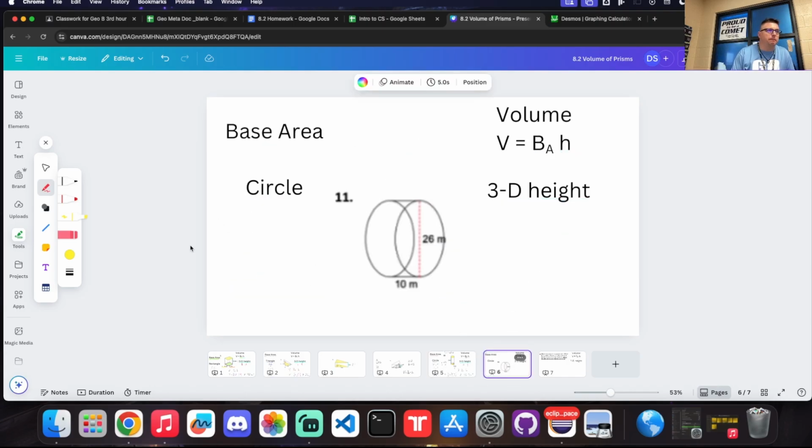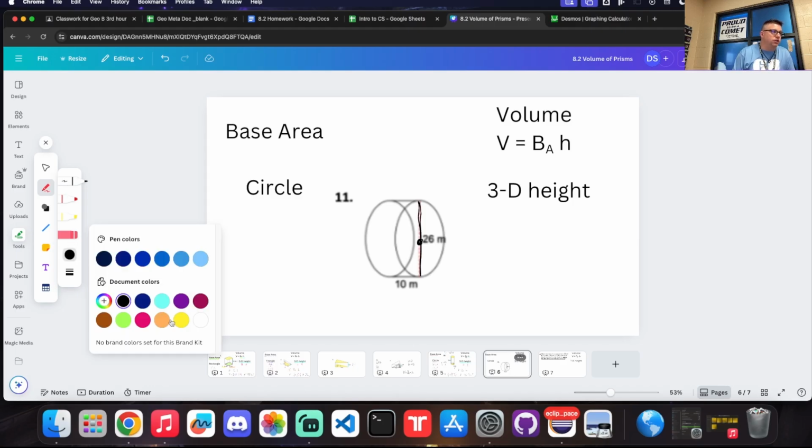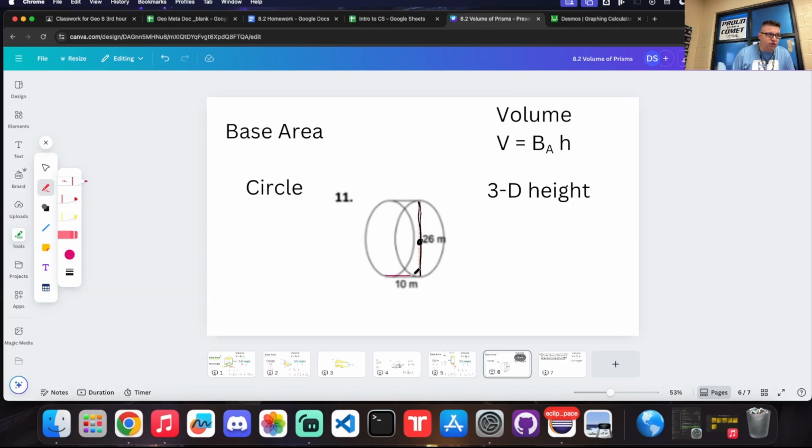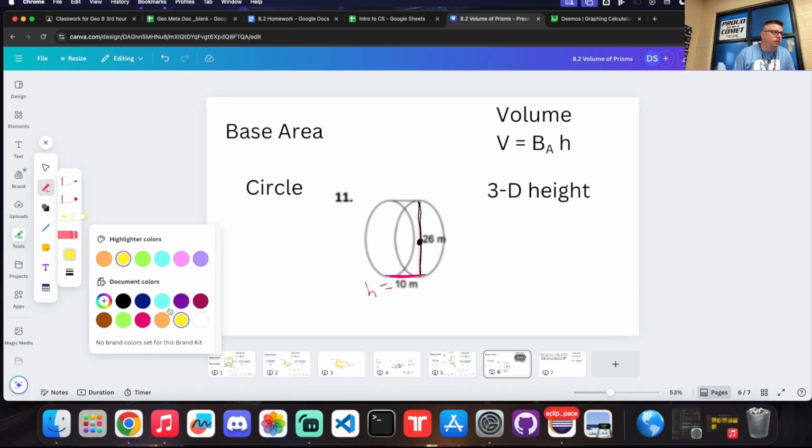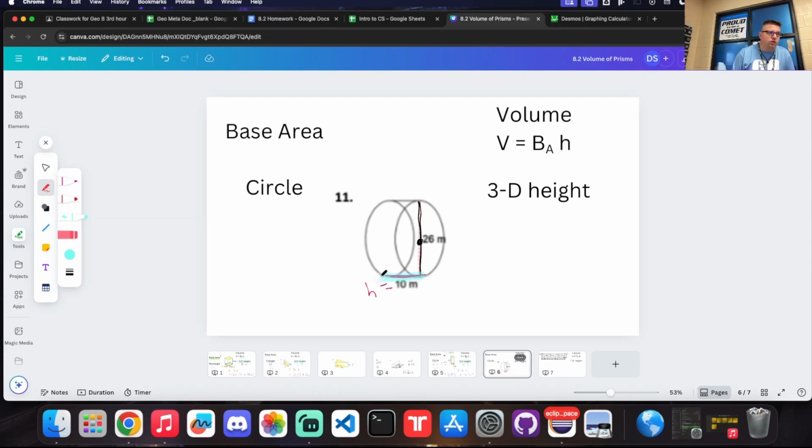All right. So then if you are given the diameter, we need to cut that in half. And focus your attention on your three-dimensional height being here. So your three-dimensional height is, they flipped the soup can on its side.